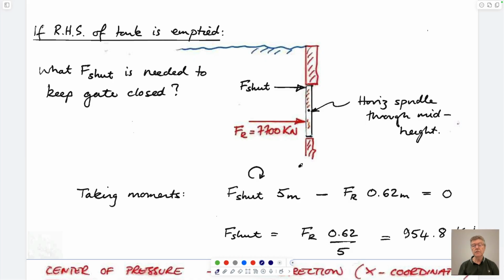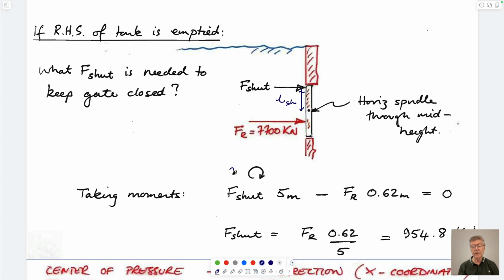We can look at the moments going counterclockwise. So the counterclockwise moments is this force to shut it multiplied by this lever length, L shut, I guess. So F shut times 5 meters, because this is the radius of this.